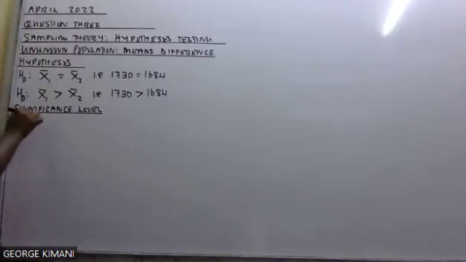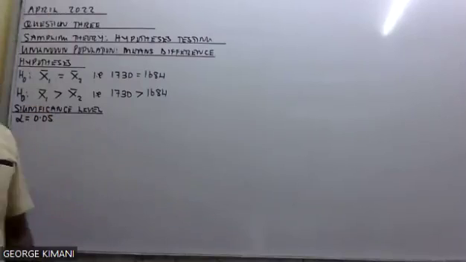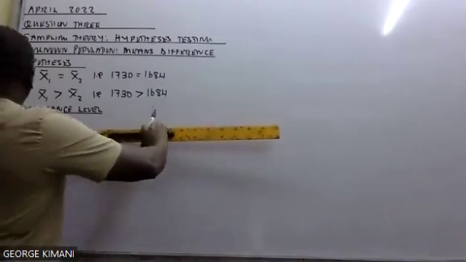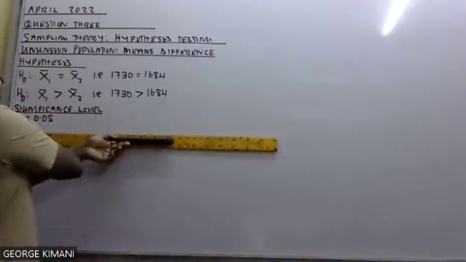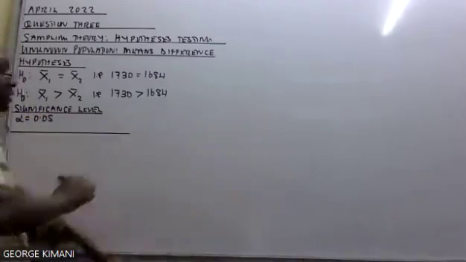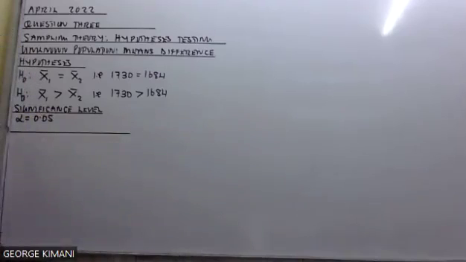So alpha is 0.05. The next thing is to tell us the test statistic that you're going to use.